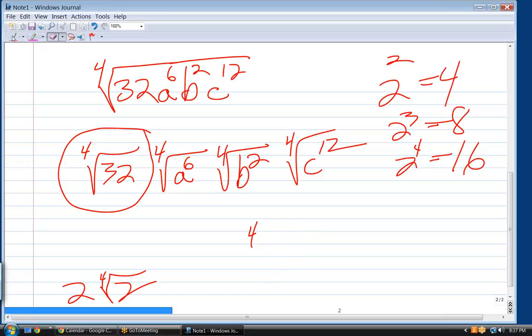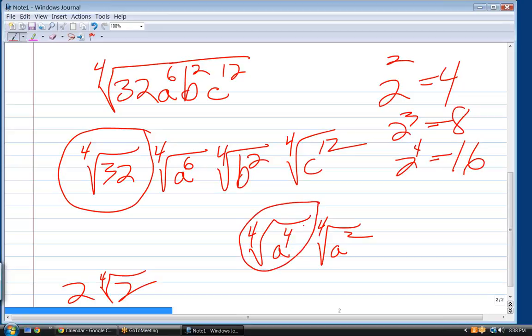So, knowing that, the fourth root of a to the sixth is the fourth root of a to the fourth times the fourth root of a squared. In other words, I'm going to break up my a to the sixth into an even multiple of 4 times whatever's left over. Because I can now replace that with a.